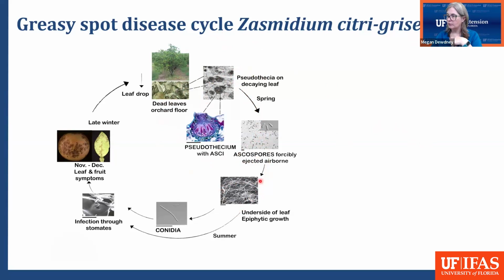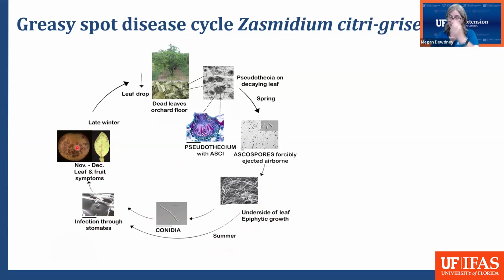Now, the unique thing with greasy spot is that we get, on the underside of the leaves in particular, and also on the fruit, what's called epiphytic growth, or growth on the surface of the plant. Sometimes you might find some very minor number of conidia. Then by the end of the late summer, we start to get infection through the stomates. On warm years, we will see lots of fruit and leaf symptoms in November, December.